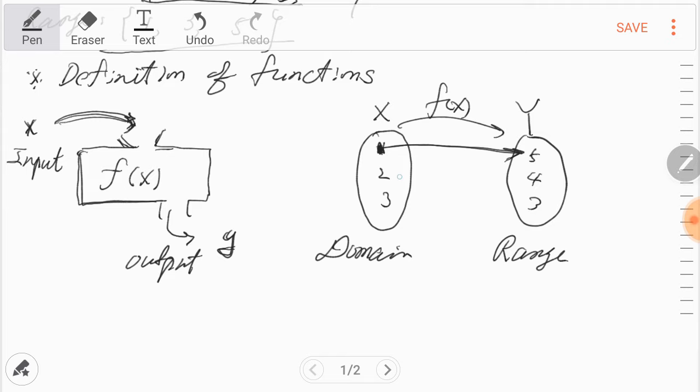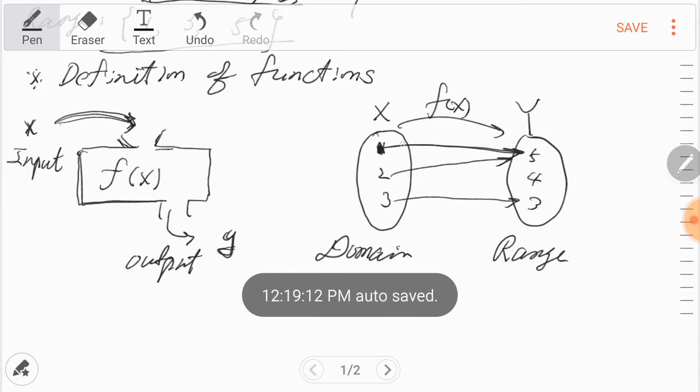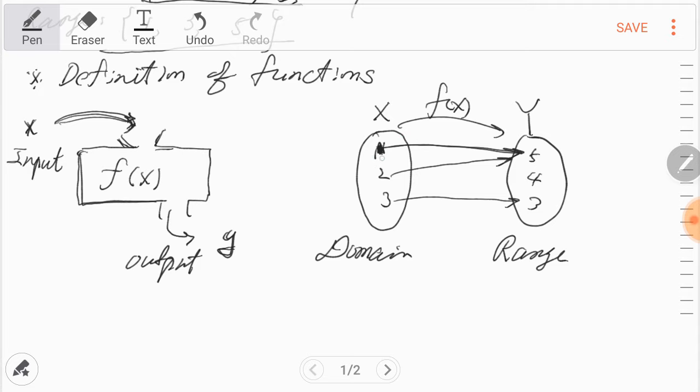How about 2? You put this number into the box, and let's say the result is 5. How about 3? 3 is an input, and the result is 3. Then this is a function. A relation means for an input, there is an output.